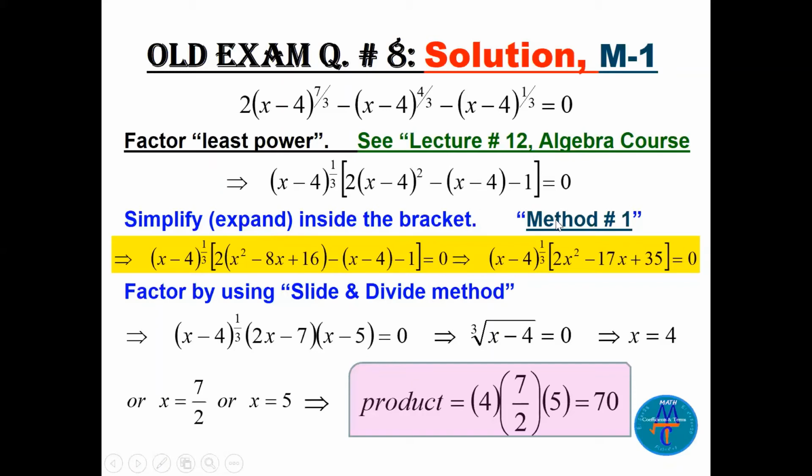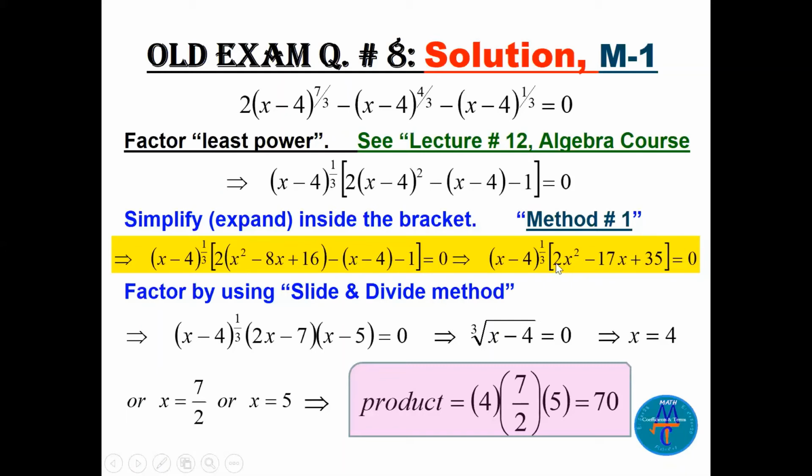Now, in method number 1 here, I expand everything in the big bracket after the factoring. 2x squared here minus 8x plus 16 minus x minus 4 minus 1. Also, I combine here 2x squared minus 9x, and 16 minus 1 is minus 17, and 32, 35 becomes there, right? 32 plus 4 minus 1.